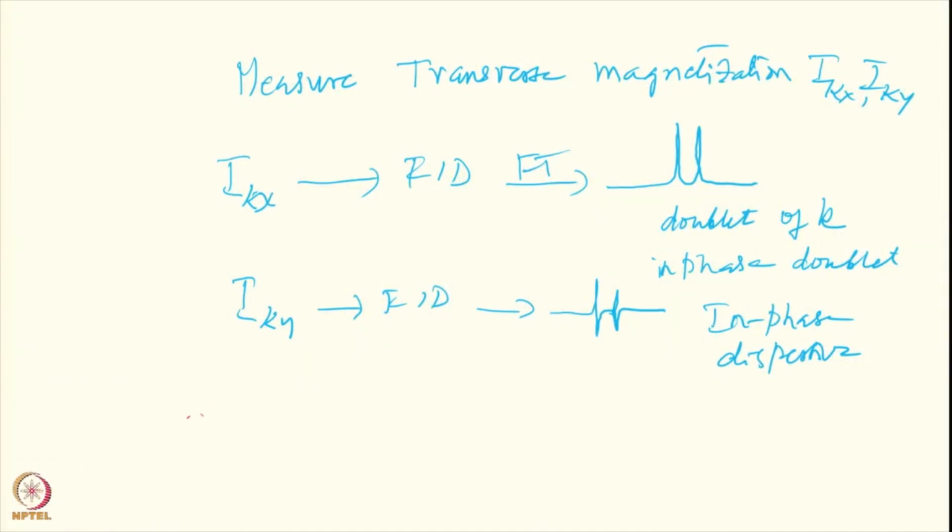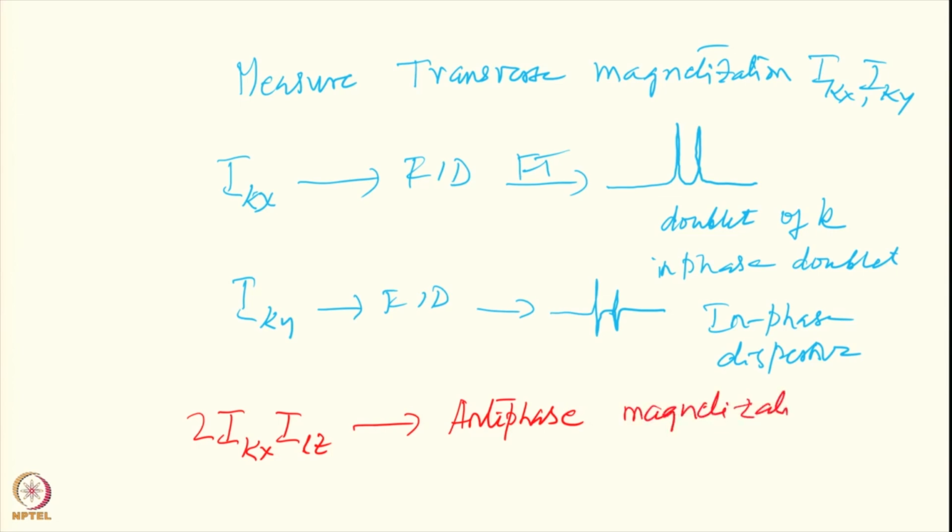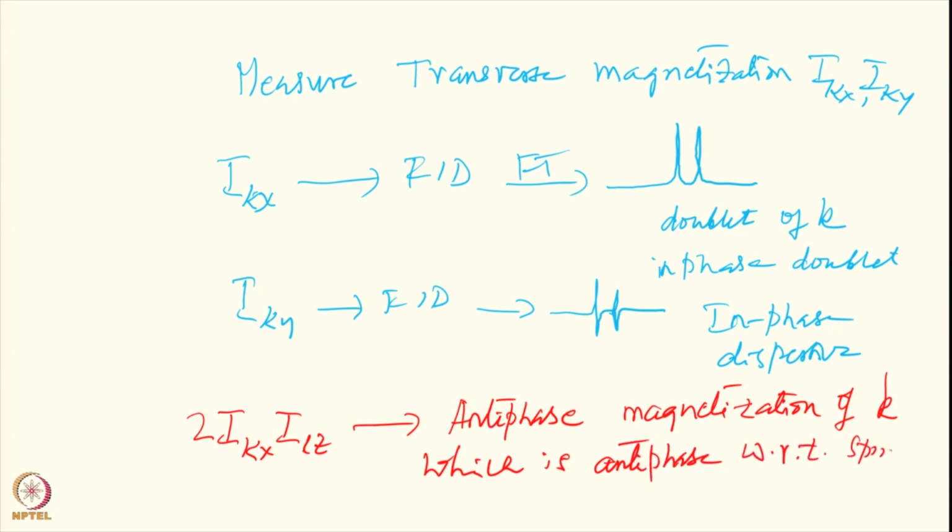We also will come across terms something like this, 2 times IKX ILZ, and this is called antiphase magnetization of K, which is antiphase with respect to spin L.